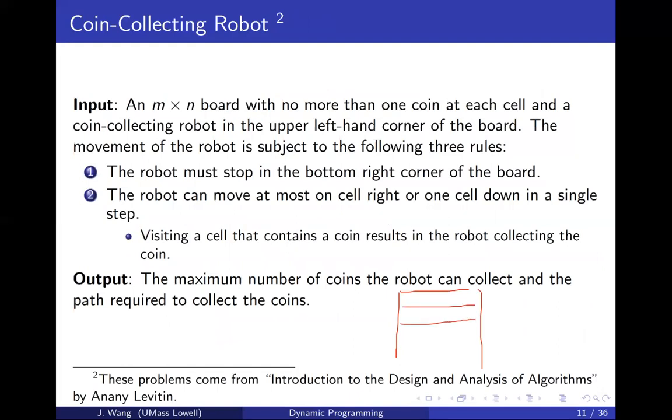If you're very good at it, you can think of it in your mind, but it's always a good idea to draw it. So this is m by n, so you have m rows and n columns. And some of these cells have a coin in them. Let's say there's a coin here, and the other parts you don't.